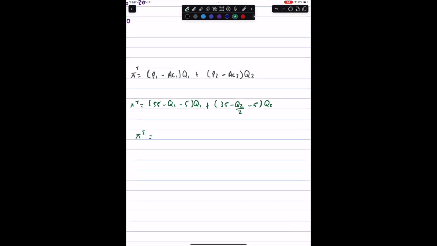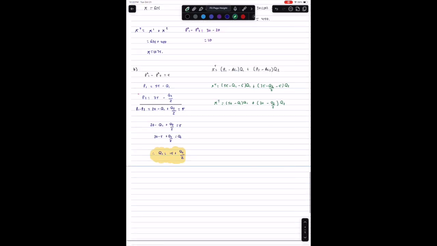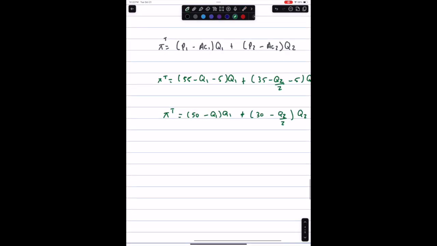We can simplify this expression a little bit. It's going to be equal to 50 minus Q1 times Q1 plus 30 minus Q2 over 2 times Q2, right? Now with this, we can solve for Q2 by substituting the Q1 we found earlier into the equation.